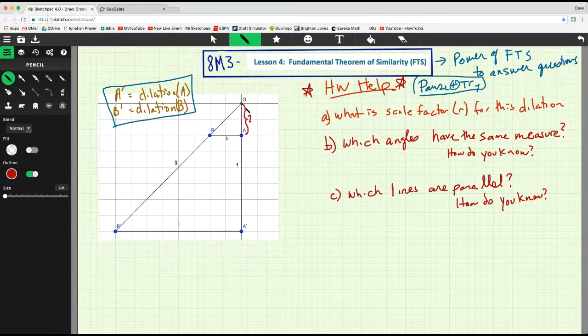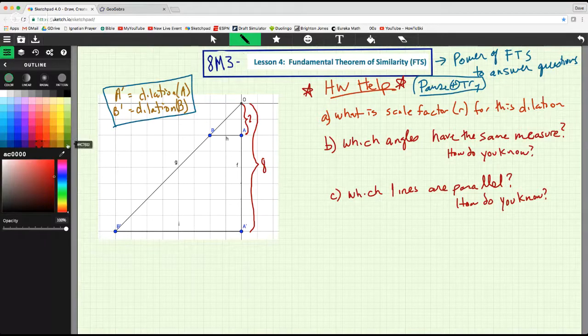And here, O to OA, this is 8 units: 1, 2, 3, 4, 5, 6, 7, 8. It's 8 units. So our scale factor is what? If we have to multiply this short side by what to get the long side? So our scale factor in this case is 4.